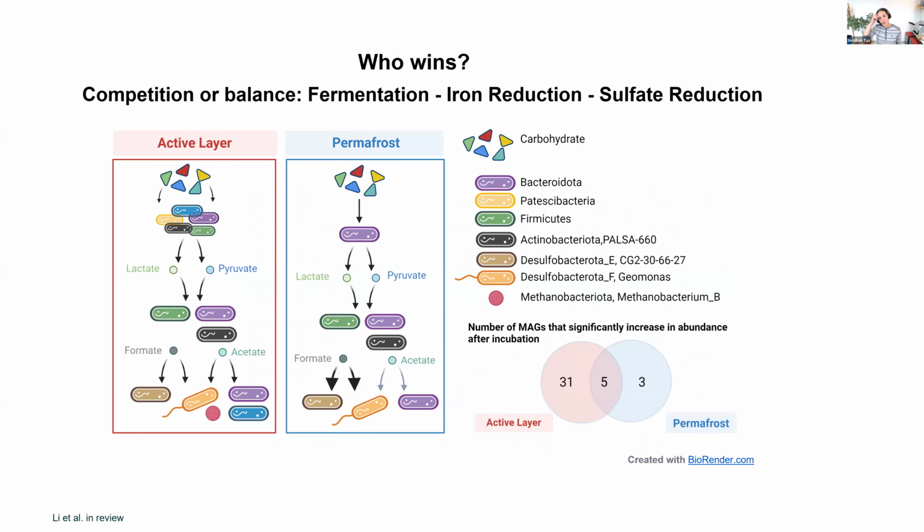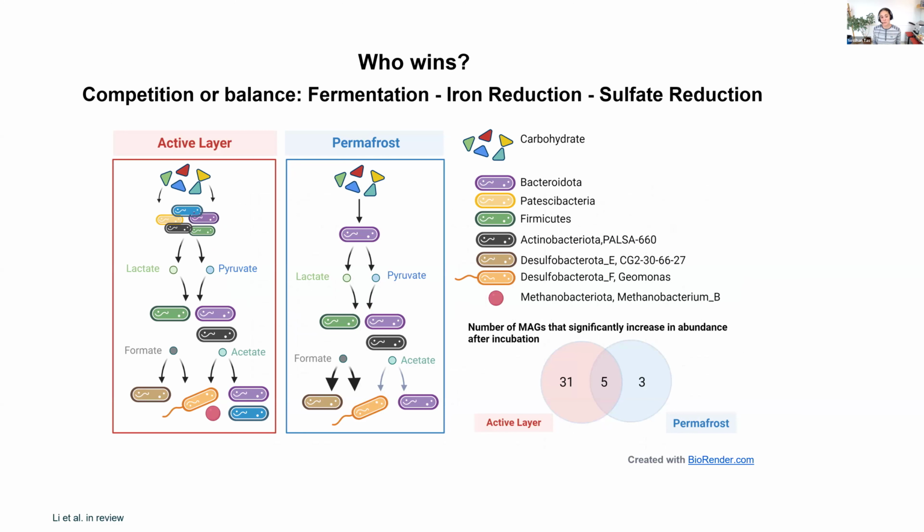So going back to the question that Mark was also challenging us with: who wins? At this particular location, there is a strange combination of competition and balance. Definitely fermentation was winning, with iron reduction and sulfate reduction following through.